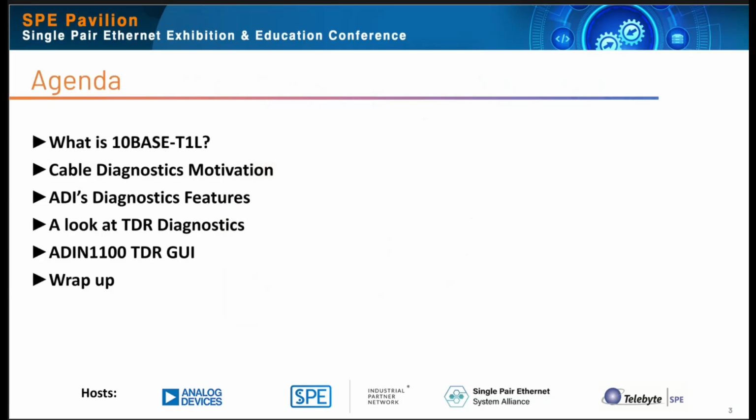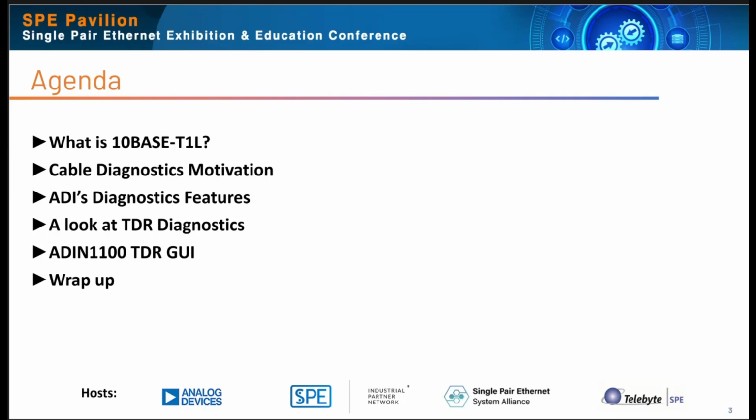So just by way of an agenda, what is 10-base T1L? It's a particular form of the SPE, or single pair Ethernet technology, that we've been discussing here this morning. I'll then talk a little bit about cable diagnostics motivation, and hopefully that's clear, that in the long distance scenario you need an accurate, reliable method of checking results.